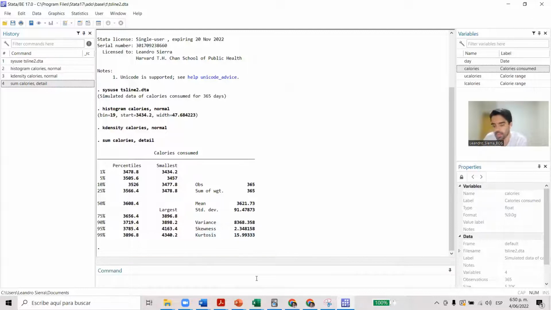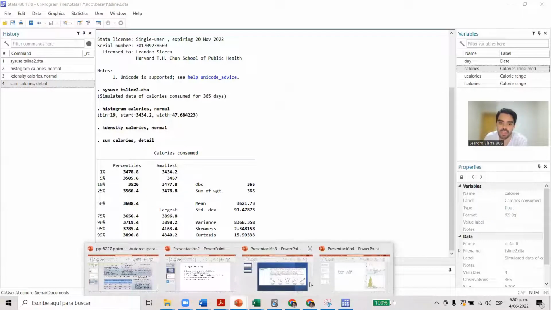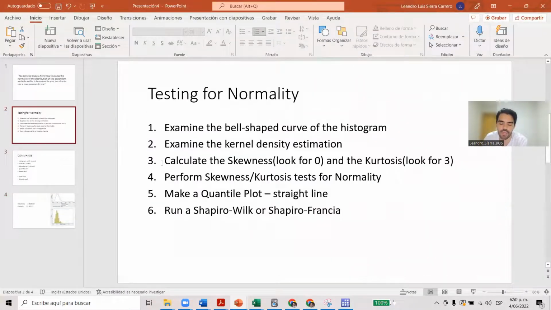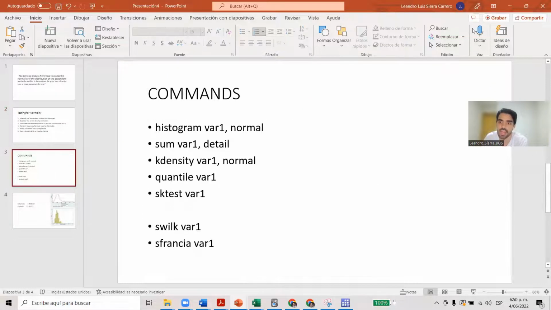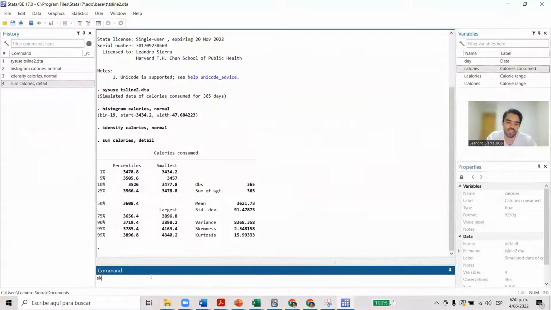It's probably not normally distributed, but maybe you still have doubt. You can run another test for normality, and you can perform a skewness and kurtosis test for normality. The command is sktest. You write sktest and add your variable.